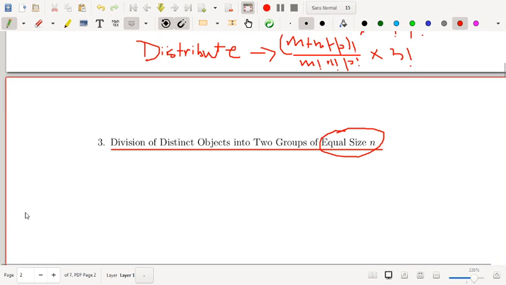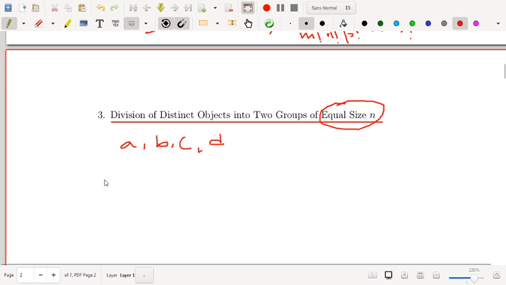Before that, suppose you have objects a, b, c, d, 4 objects only, and two groups of equal size. So what is the division? Suppose group 1 and group 2.